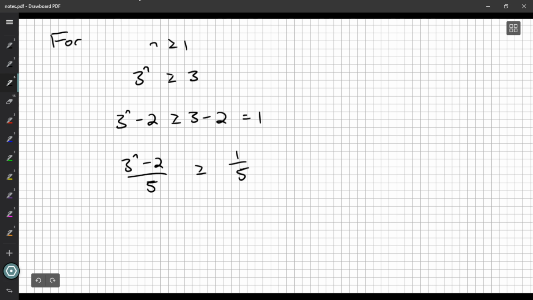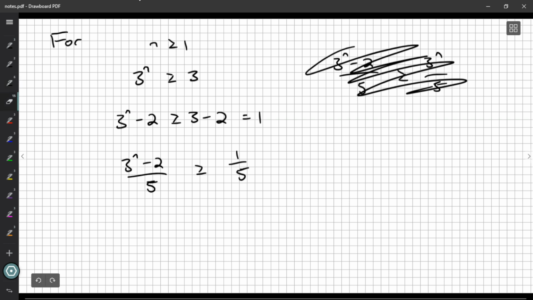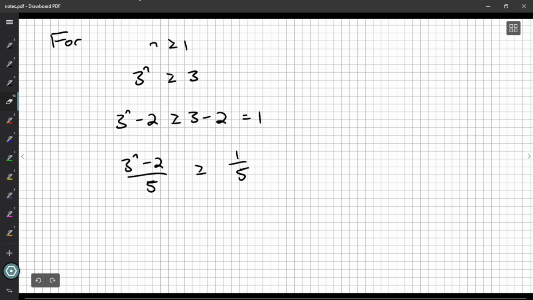And that's actually a pretty easy inequality to establish. Not saying that if we had compared it to 3 to the n over 5 that would have been harder, but you definitely can't jump straight to this inequality, because that wouldn't be true. So at least working with the 1/5 that we're doing right here has that advantage. So this is true for n greater than or equal to 1.